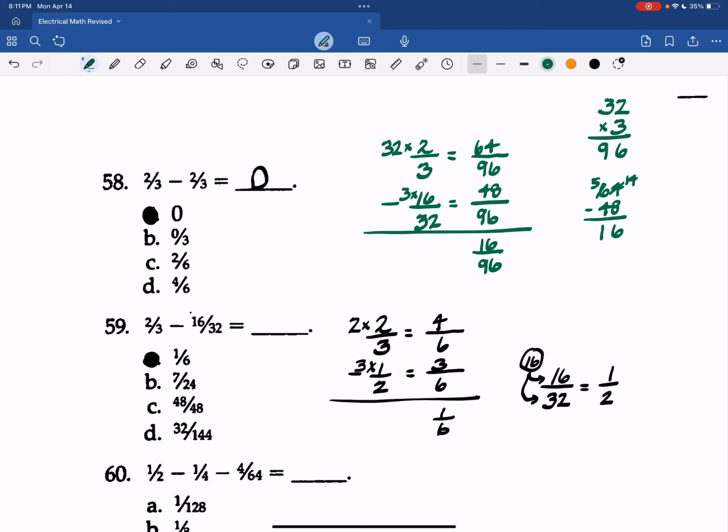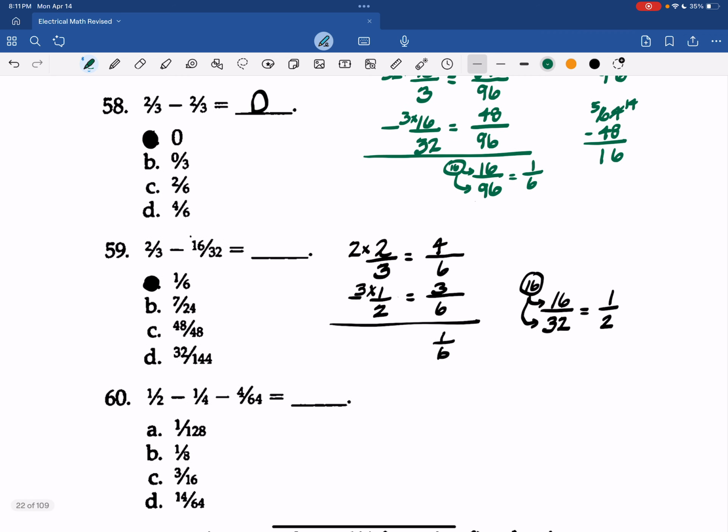And that would not have been the lowest common denominator, I don't think. And then we're going to divide by 16. That's going to be 1 and 6. So either way, you get the 1/6. Just depends on which way you want to do it. I like the first way, the black problem, because that's a lot less thinking for me to do.